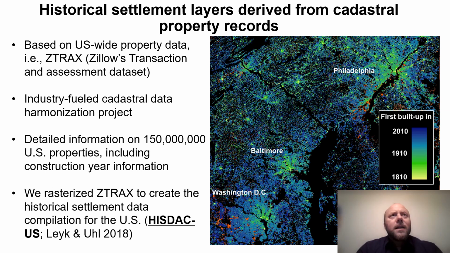if you're interested in assessing long-term landscape changes, you're often impeded by the lack of spatial data, right? For the last 10 years, 20 years, there's a lot of data. We have remote sensing, we have digital cartography.